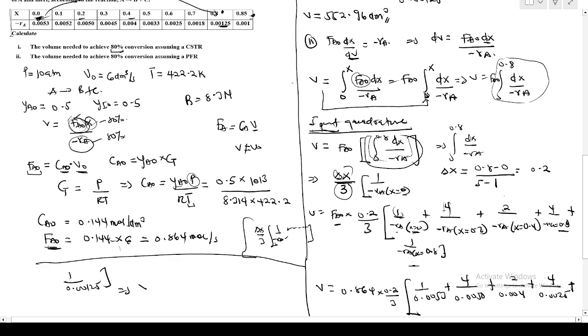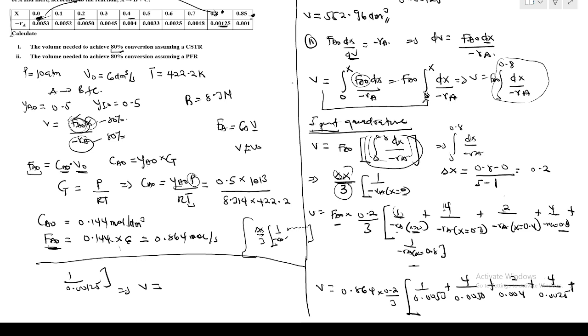So then we have to just input this into our calculator. Our volume now becomes 0.864 times 0.2 over 3, multiplied by 1 over 0.0053 plus 4 over 0.005 plus 2 over 0.004 plus 4 over 0.0025 plus 1 over 0.00125.